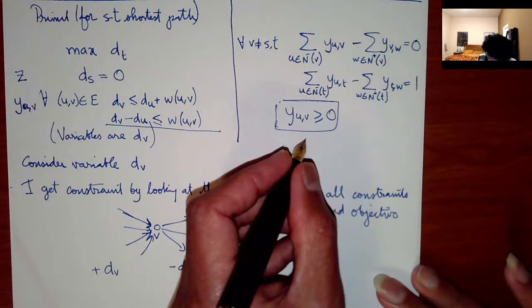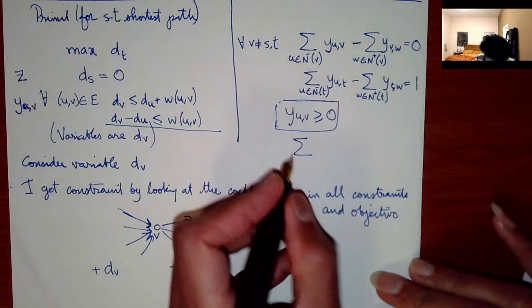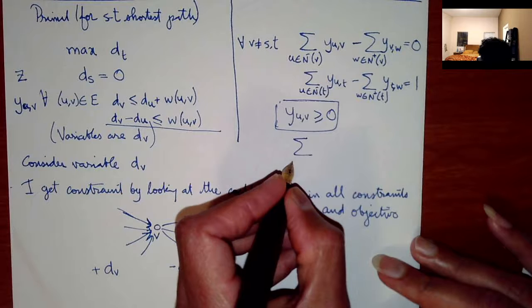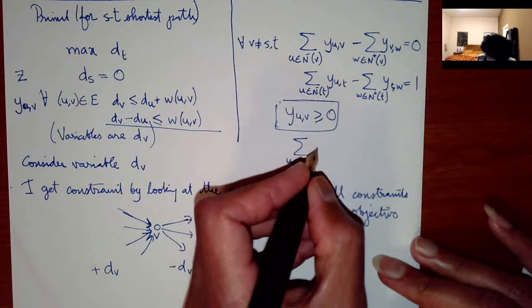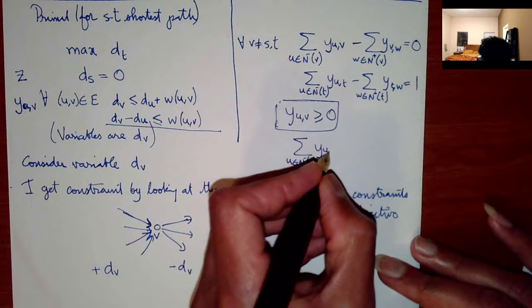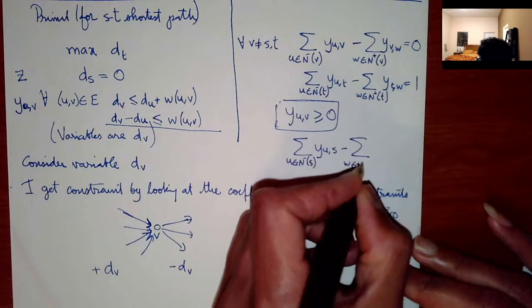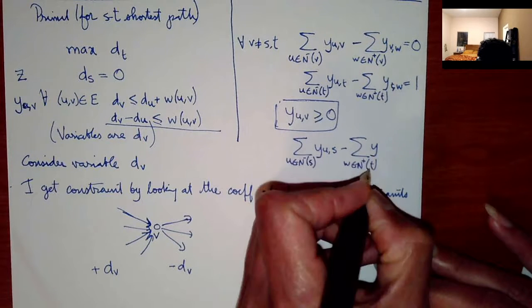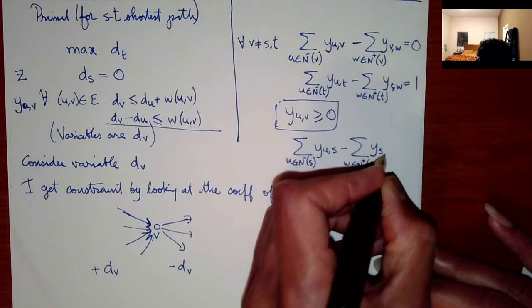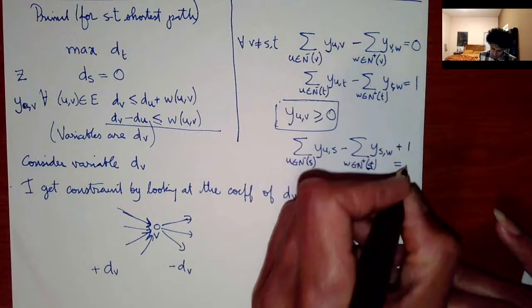So what you get is the summation over u in the in neighborhood of s of y_us, minus the summation over w in the out neighborhood of s of y_sw, plus 1 is equal to 0.